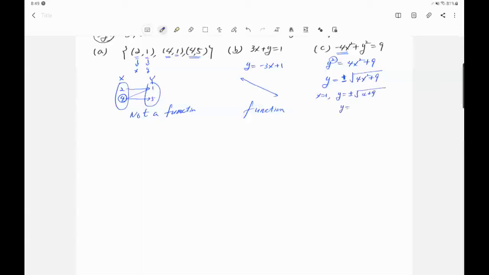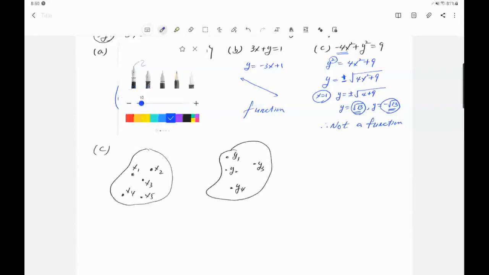So y is the positive square root of 13, or y equals the negative square root of 13. So for one input, there are two outputs. So this is not a function. Can you see it? It cannot have two outputs.